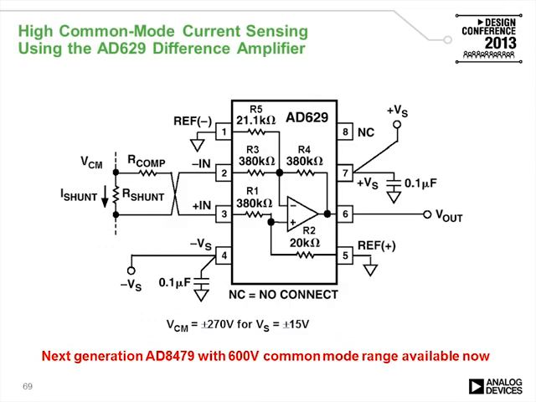For high common mode current sensing, we have the AD629 and the AD8479. These two differential amplifiers can take up to 270 and 600 volts of common mode voltage with supplies of plus minus 15.